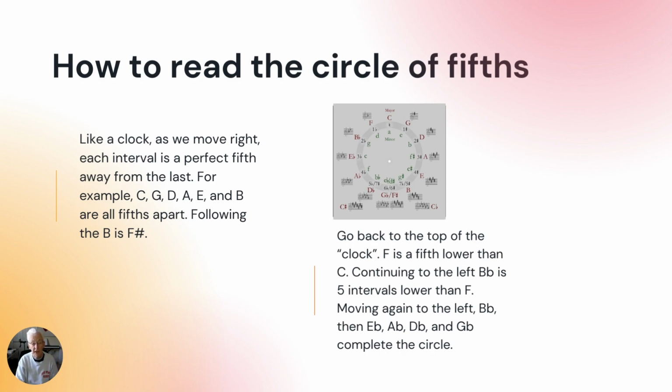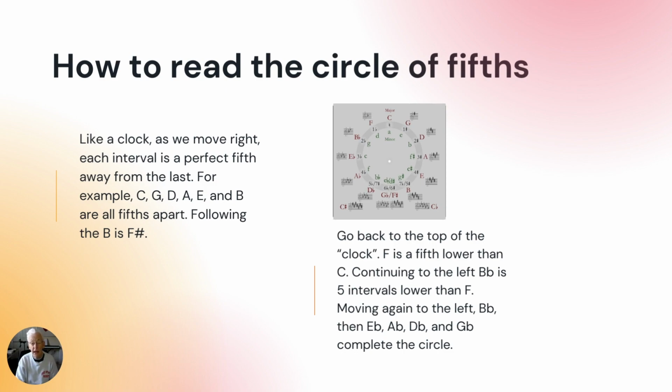For example, we look at C, then we go to G, D, A, E, and then one more to the right is B. All of those are 5 intervals apart. Following the B, then you see the F sharp.